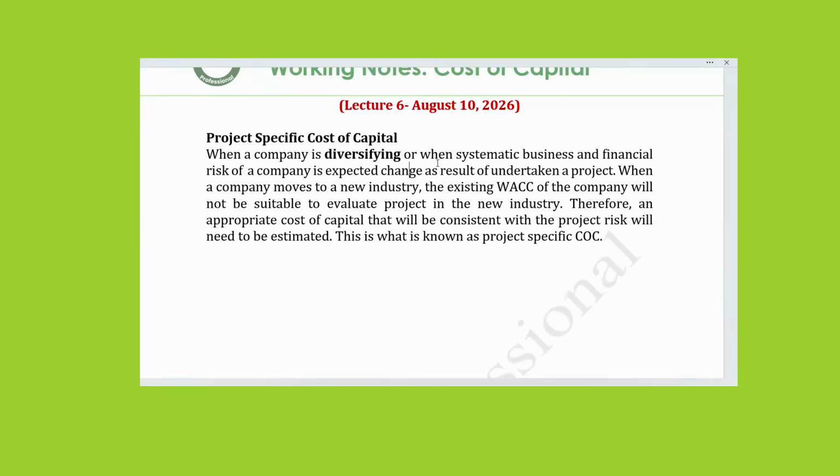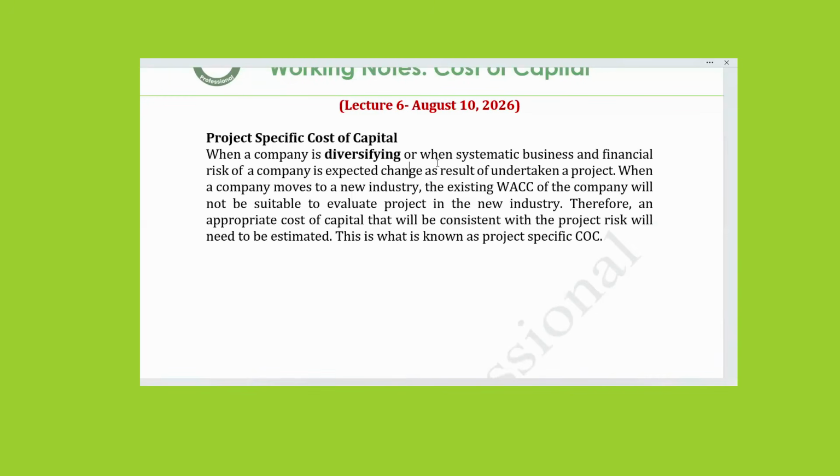So in a question, once you can see anything that relates to diversification, you should know that you are going to estimate project-specific cost of capital. If the examiner is in love with you, they can mention in the question that the company is diversifying. But let's say you are told that the company is into oil and gas, and it is now contemplating taking an investment opportunity in communication business.